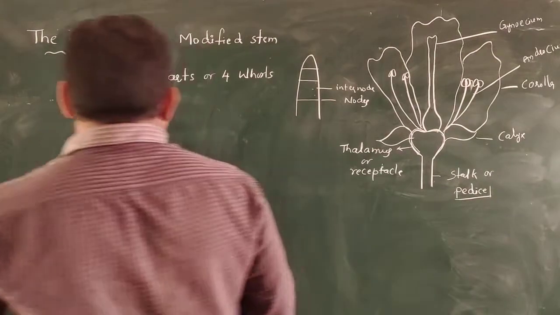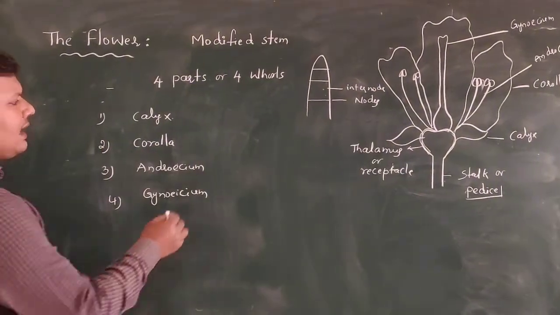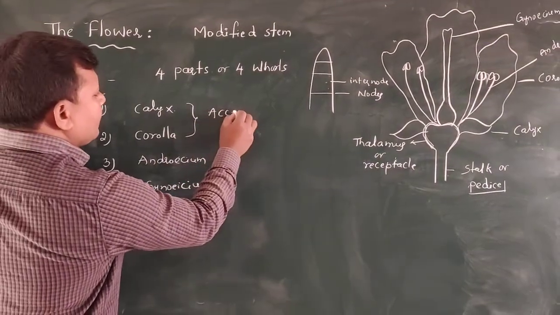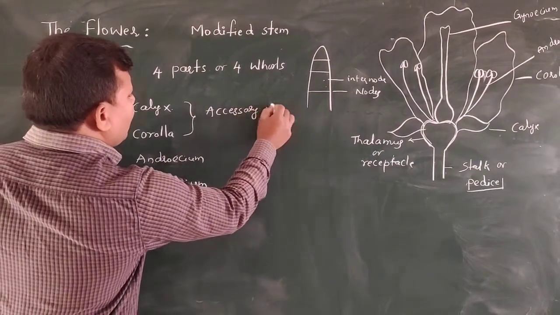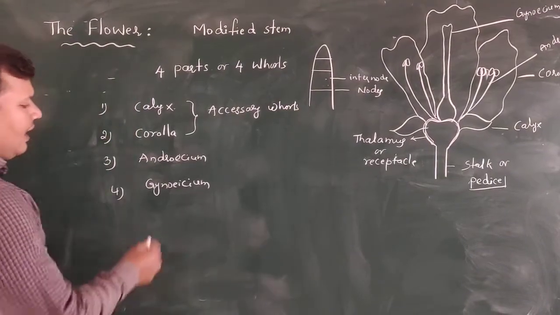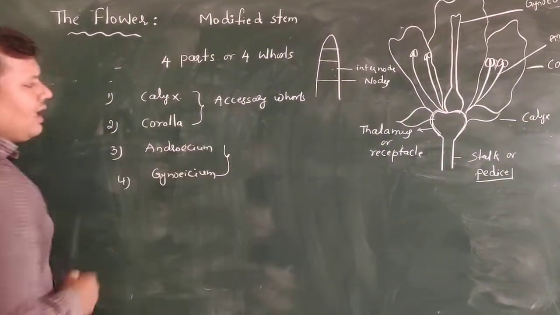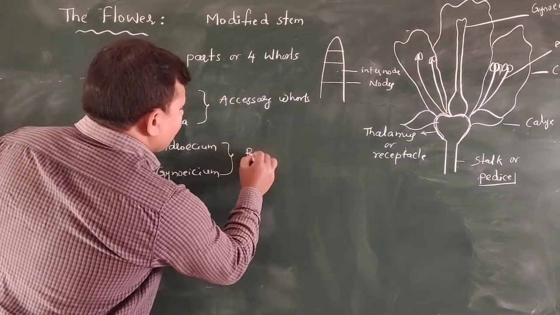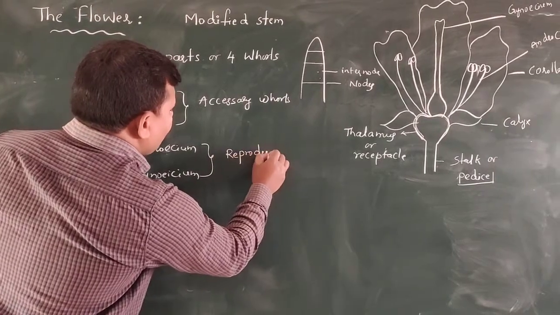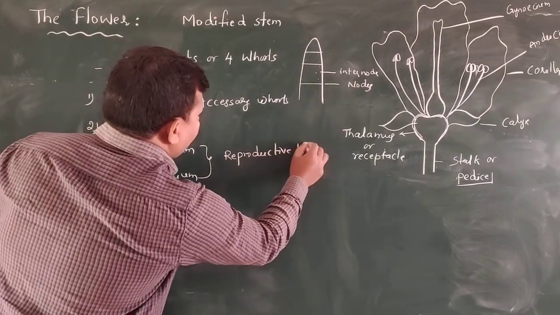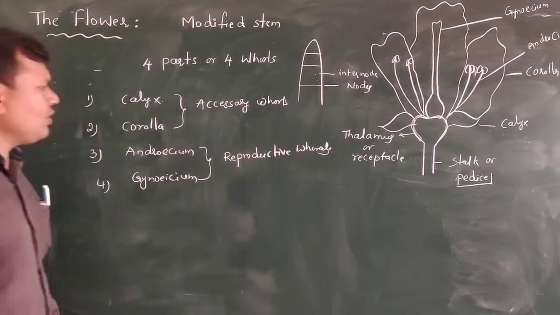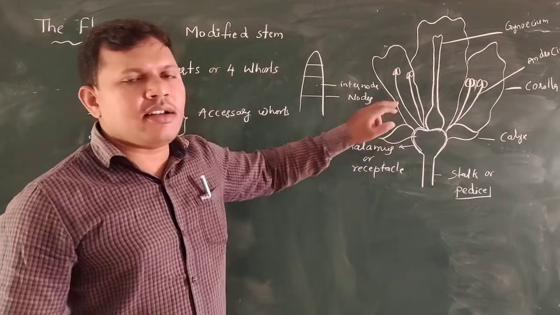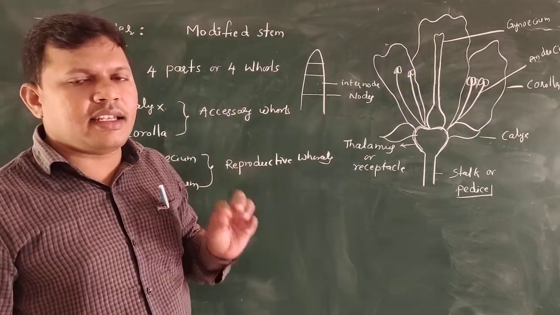Here the calyx and corolla are generally called the accessory organs or accessory whorls.